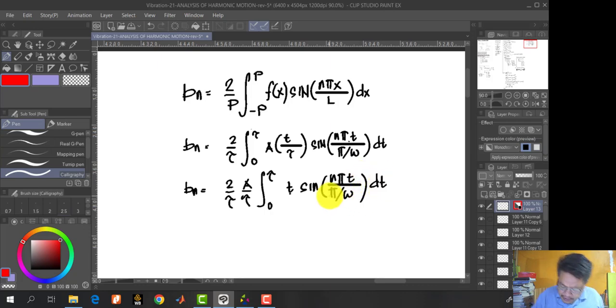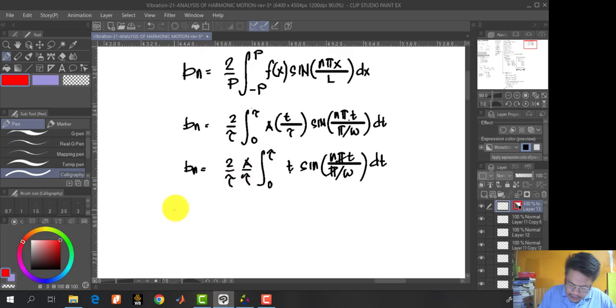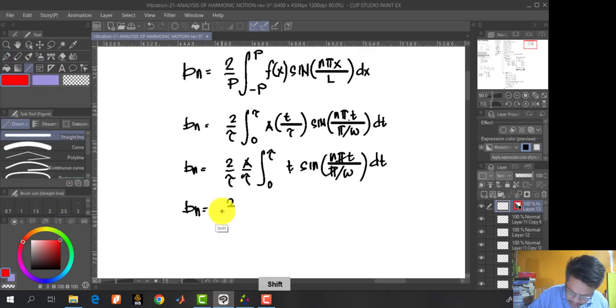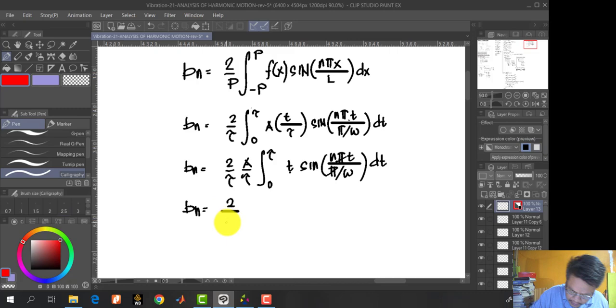And from here, we can cancel this out. Then this one, I can substitute the values of my period, so that will be 2 all over the value of our period. So that will be 2 pi divided by your angular velocity.